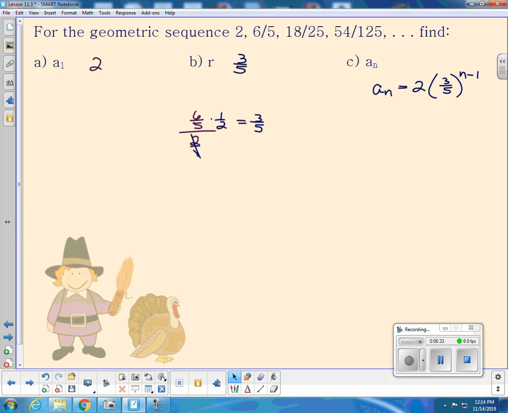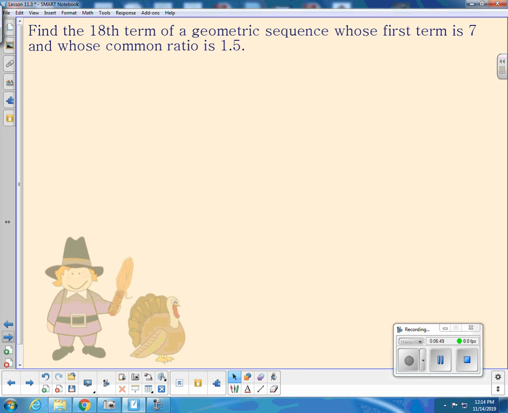Okay? But notice when you look at that, it's hard to see what the sequence ratio is. You got the fractions involved. All right, moving on. Find the 18th term of the geometric sequence whose first term is 7 and its common ratio is 1.5.